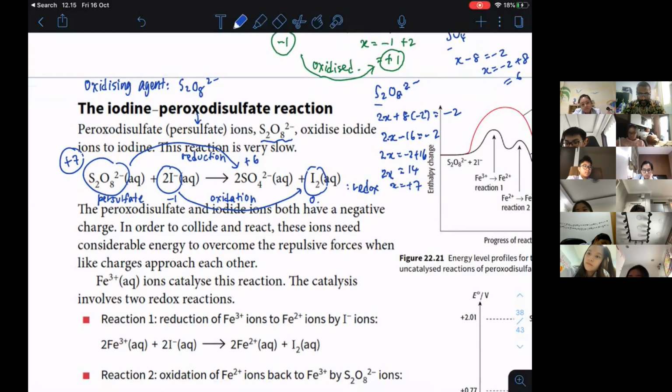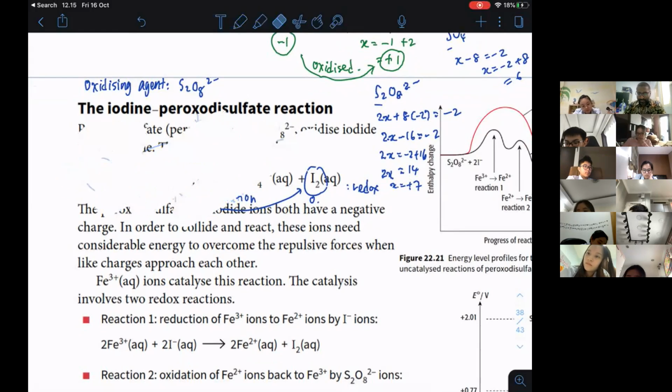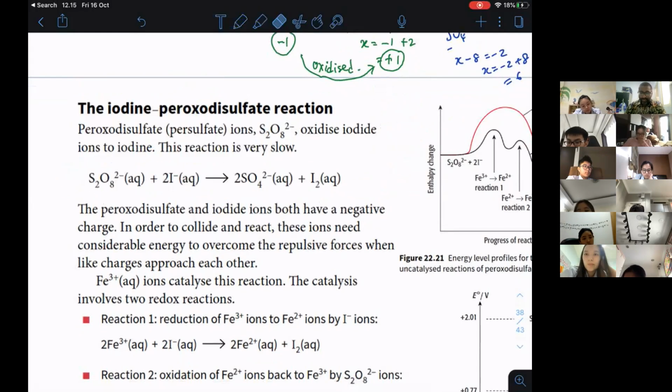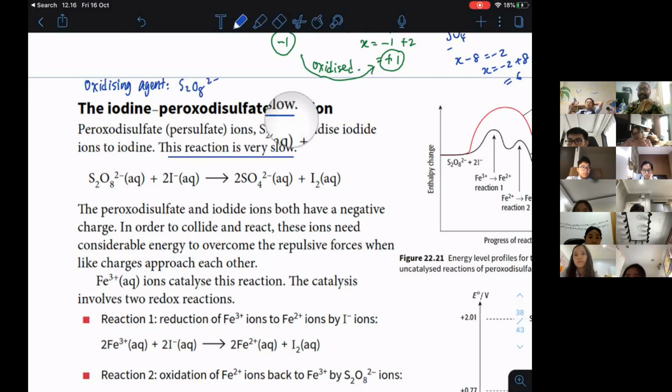And why is it a very slow reaction? I'll try to erase all this now. Let's say you guys tell me, Janice, can you tell me why this reaction is most likely slow? Just think, why do you think this reaction is most likely slow?